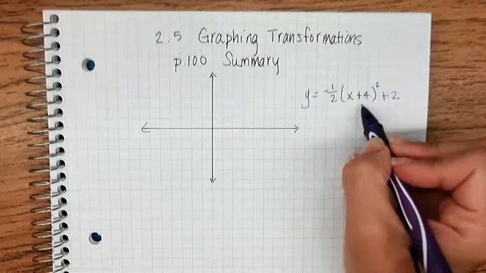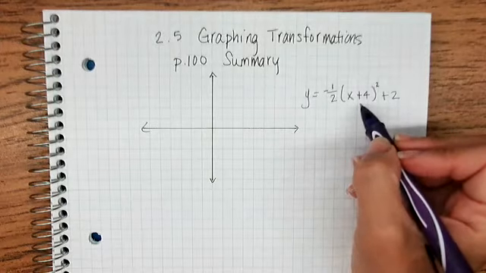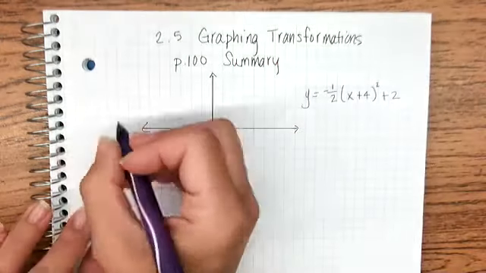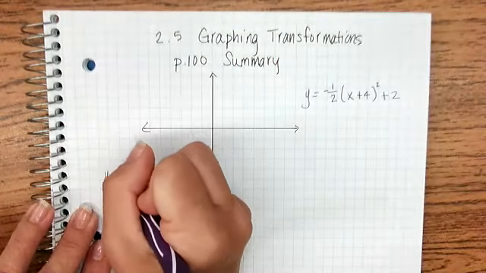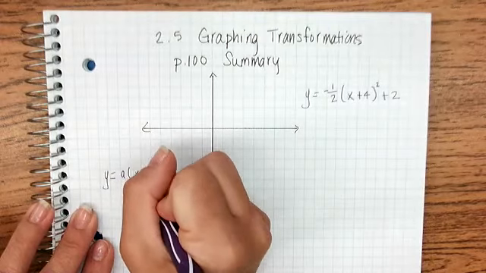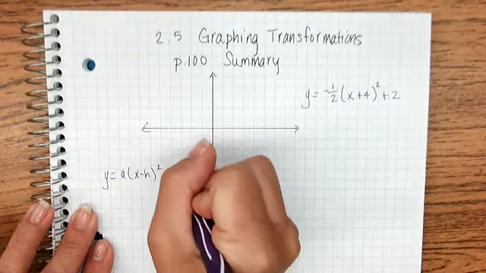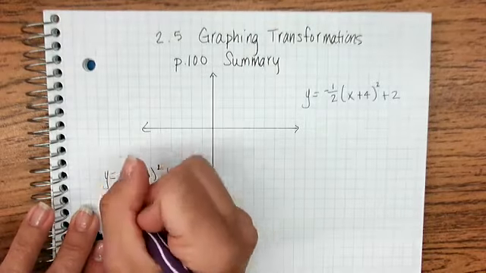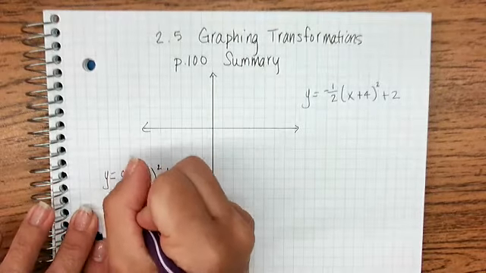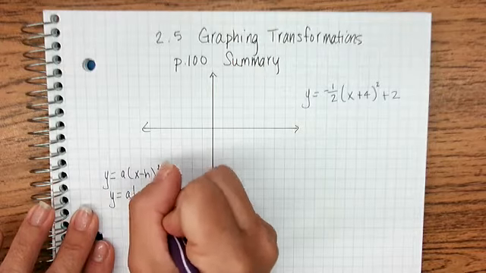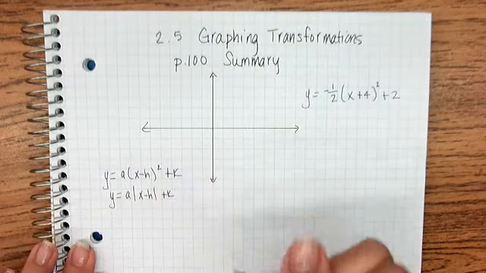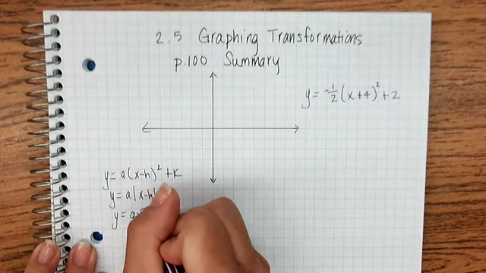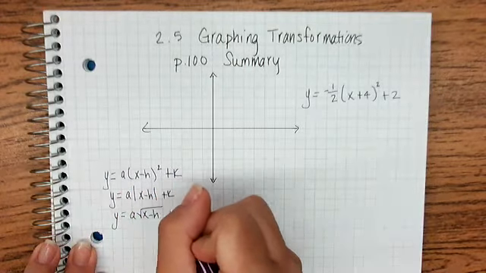What value of x makes x plus 4 zero? Some of you should have referred to this as h. y equals a(x minus h) squared plus k, h and k. And this is true for all your parent functions. y equals a times the absolute value of x minus h plus k. y equals a root (x minus h) plus k.